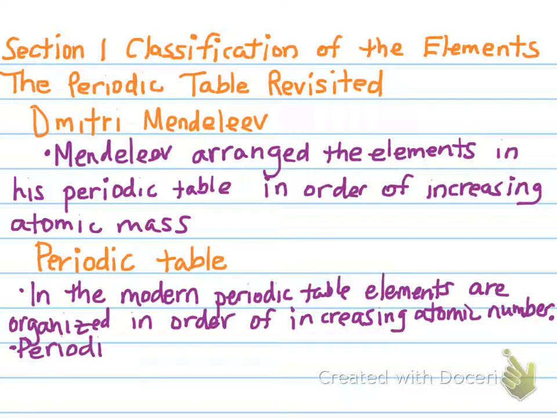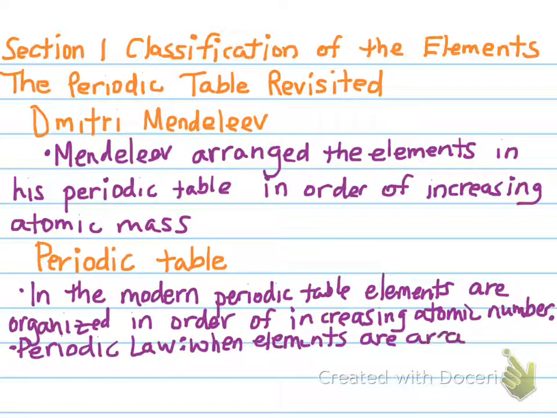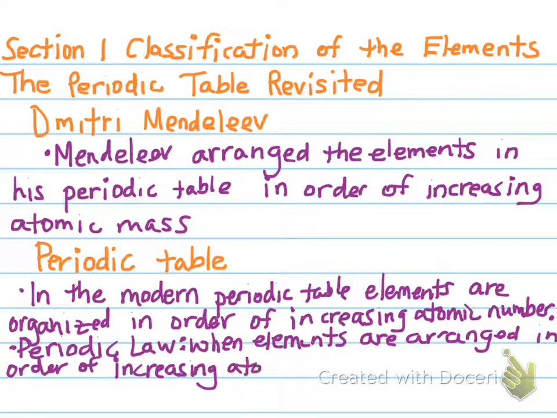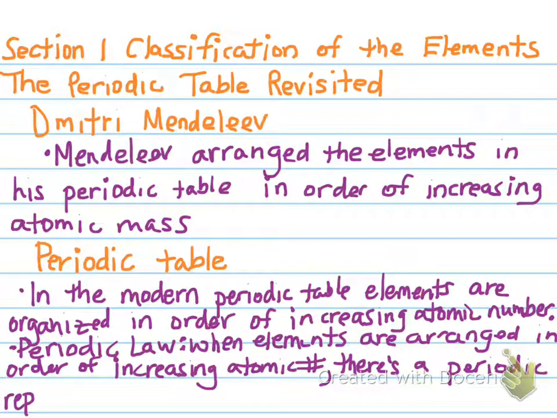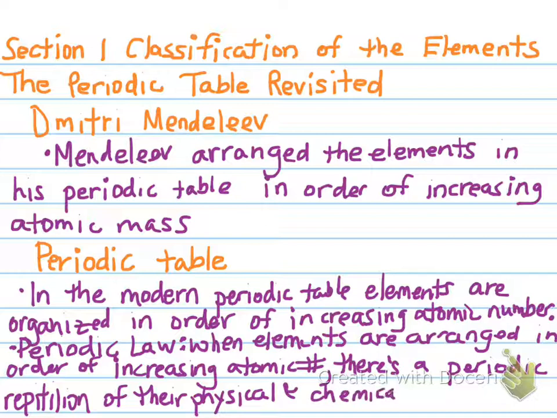There's also something called the periodic law, which says that when the elements are arranged in order of increasing atomic number, there is a periodic repetition of their physical and chemical properties.